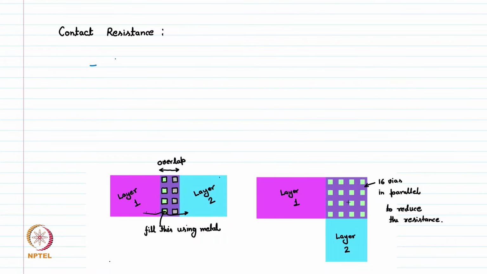So here we see that contacts and vias also have significant resistance.